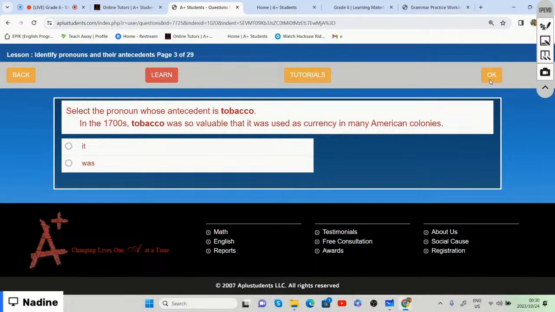In the 1700s, tobacco was so valuable that it was used as currency in many American colonies. So tobacco is the antecedent. We need to select the pronoun whose antecedent is tobacco. Is it, or was?